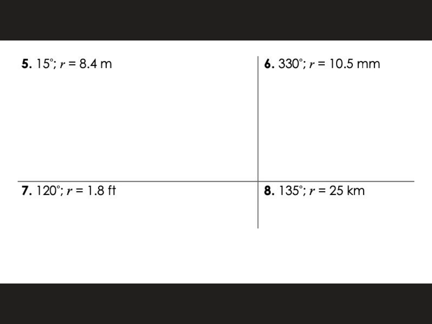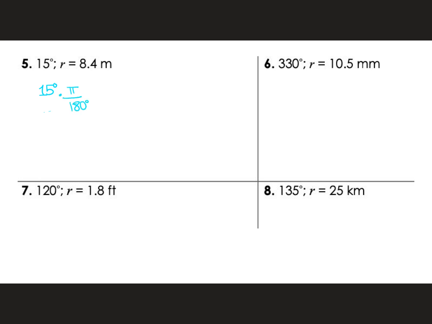Here we're given angles in degrees, so I'm going to convert them to radians. We do 15 degrees over 180 degrees times pi. Remember, you take the angle and multiply it by pi over 180.